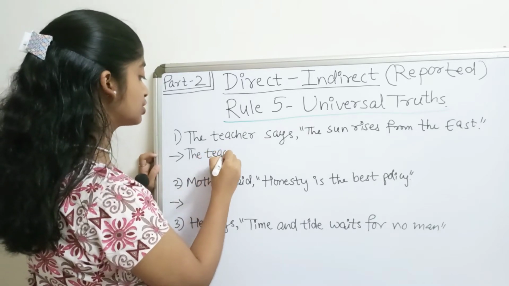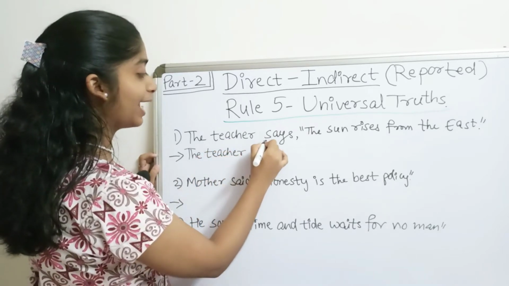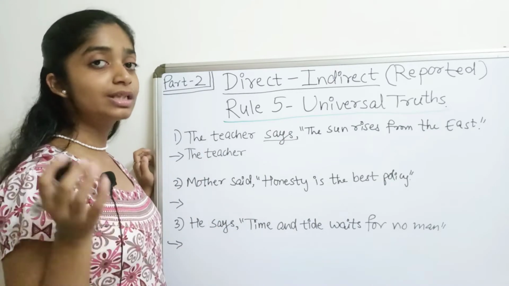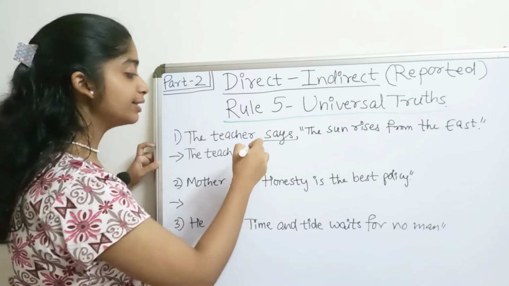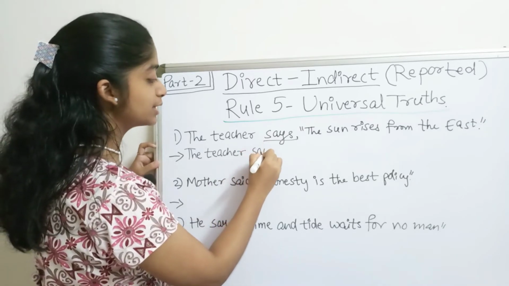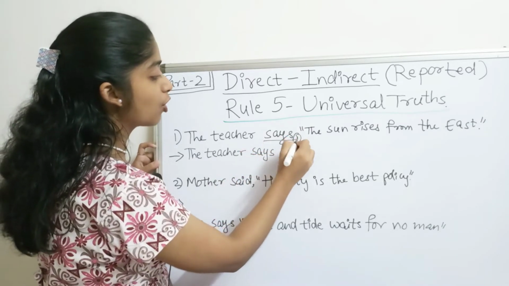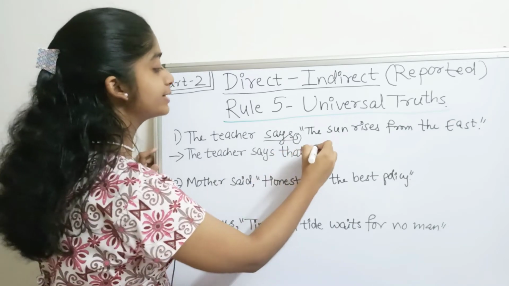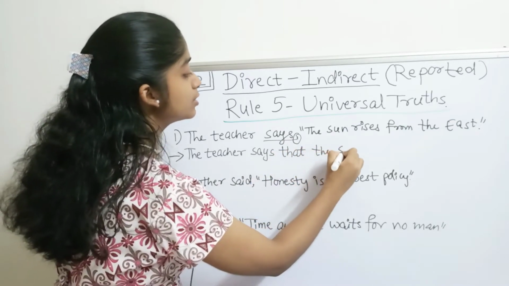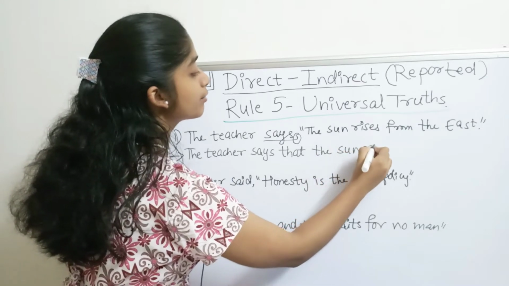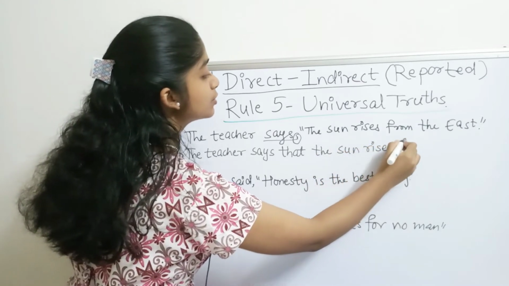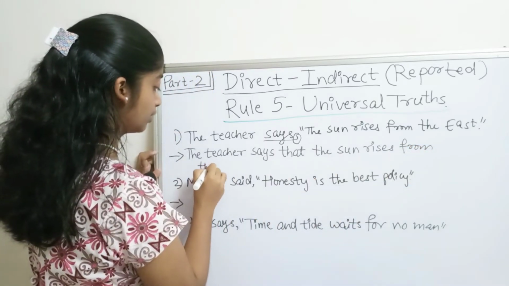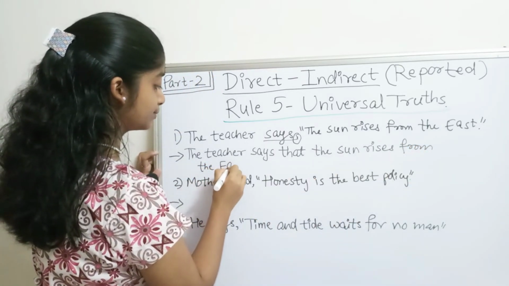So, the teacher says won't change to anything. Says will remain says. The teacher says, instead of the comma we will write that. The teacher says that the sun rises from the east.